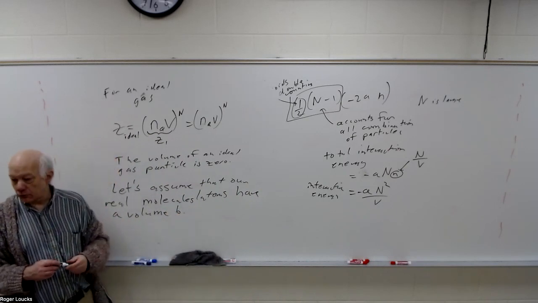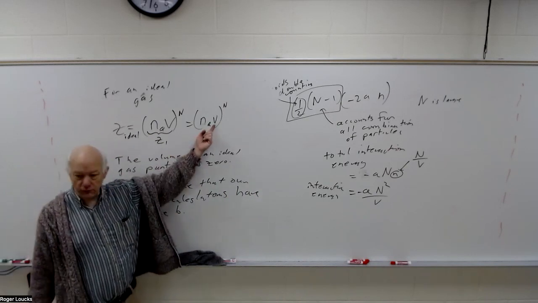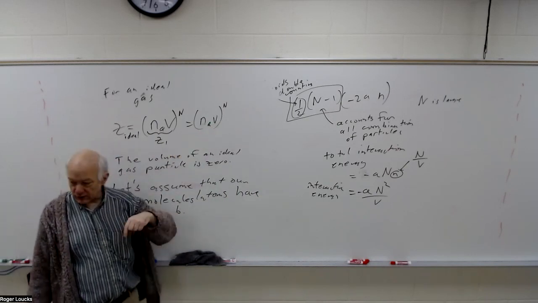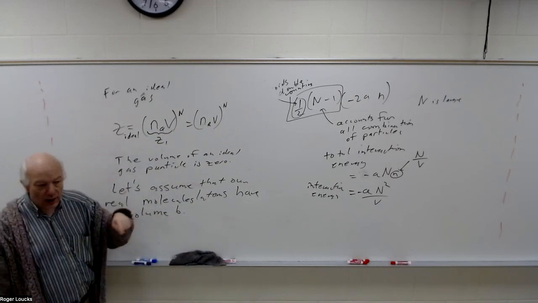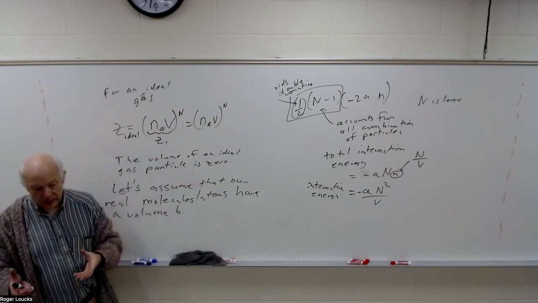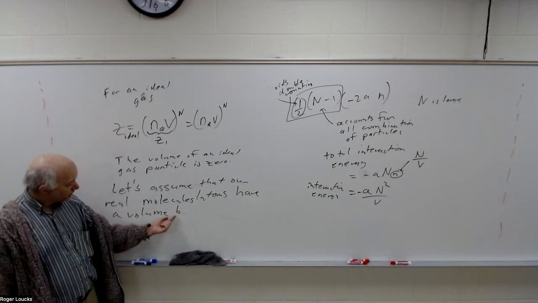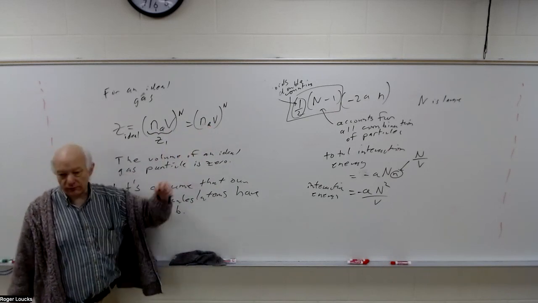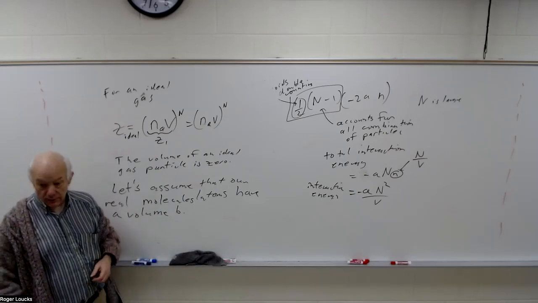So what would be one of the simple corrections we can do here? V is the volume of our room, but now it's not the total volume available. We have to subtract off the volume that's being taken up by the gas molecules. So if b is the volume for one of them, if we have N molecules, what should we then subtract from this volume? N b.